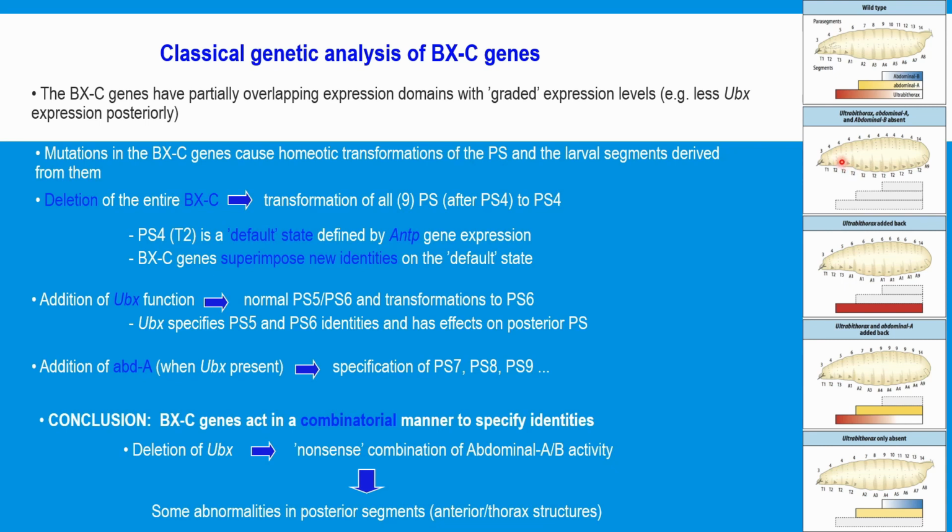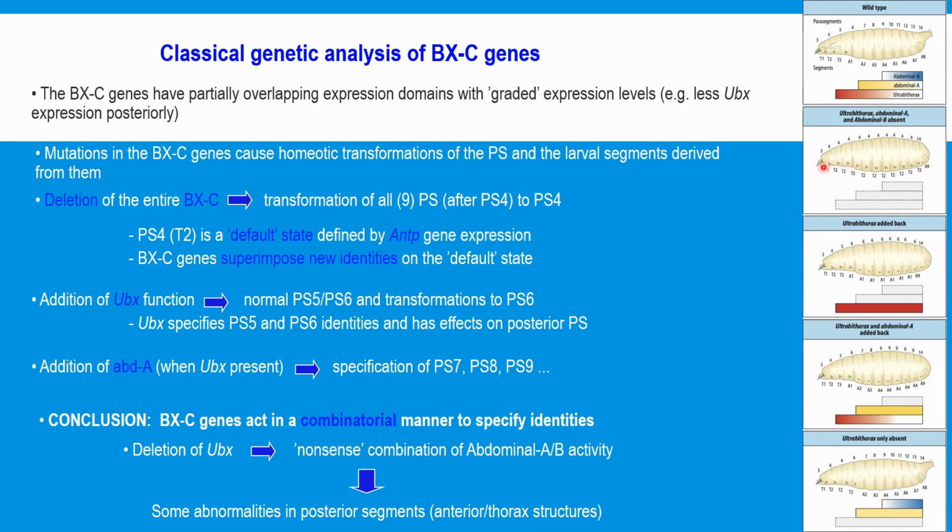It's not so easy to see from this diagram, but they would be looking at how the denticle belts looked, these bristles under the animal. And obviously the tail part was missing. That was the most obvious part, but otherwise they can figure out transformations on the basis of how these hairs look.